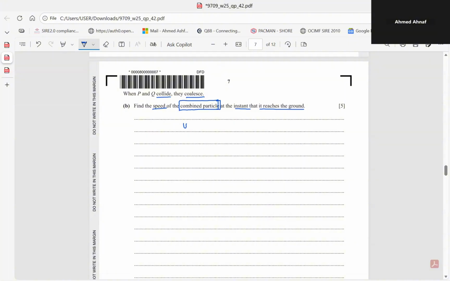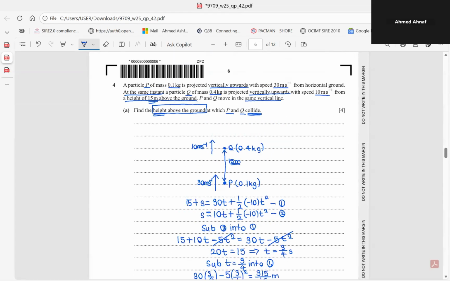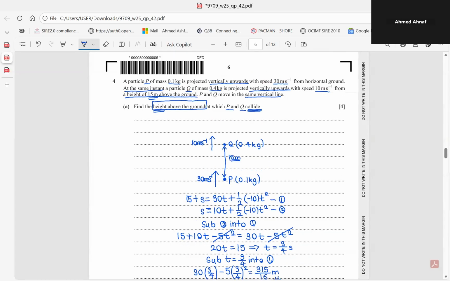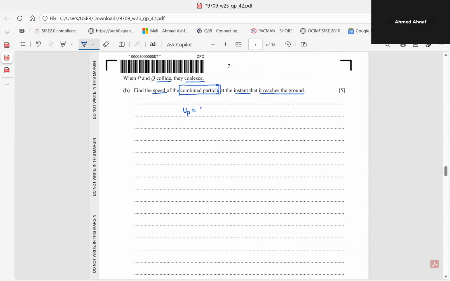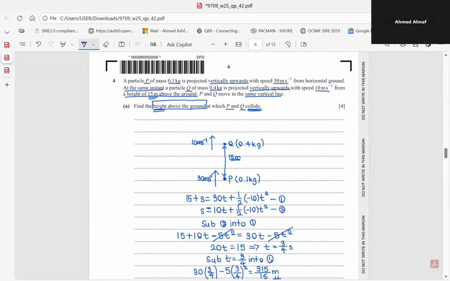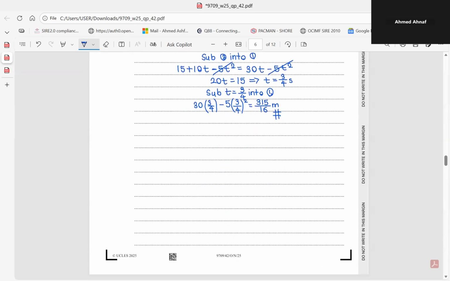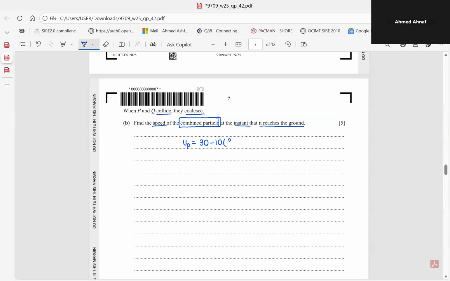So I'll let the speed before the collision be v. For P, it's going to be the initial speed that P is projected at, which is 30 meters per second, plus at, where a is negative 10 and t is 3/4.